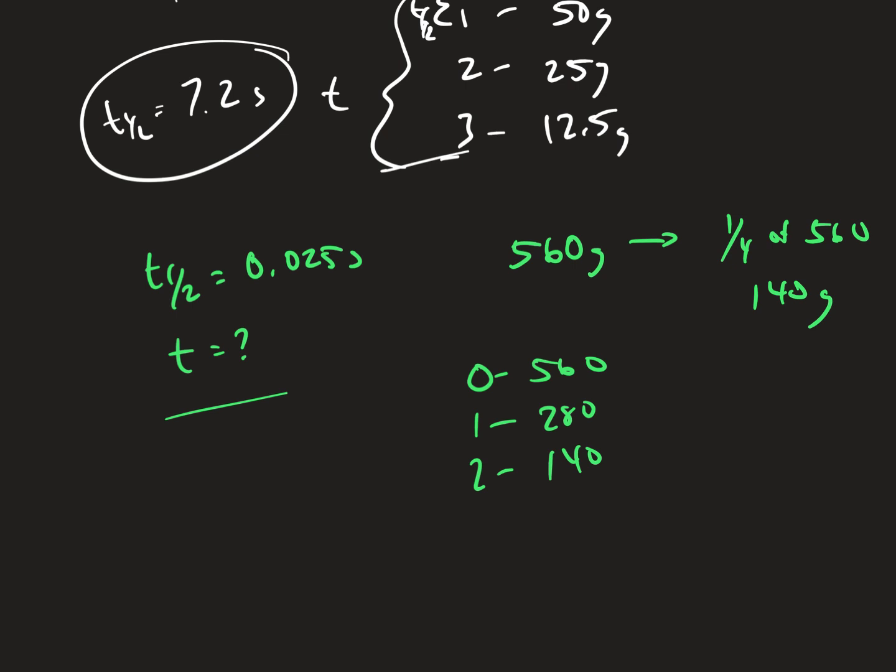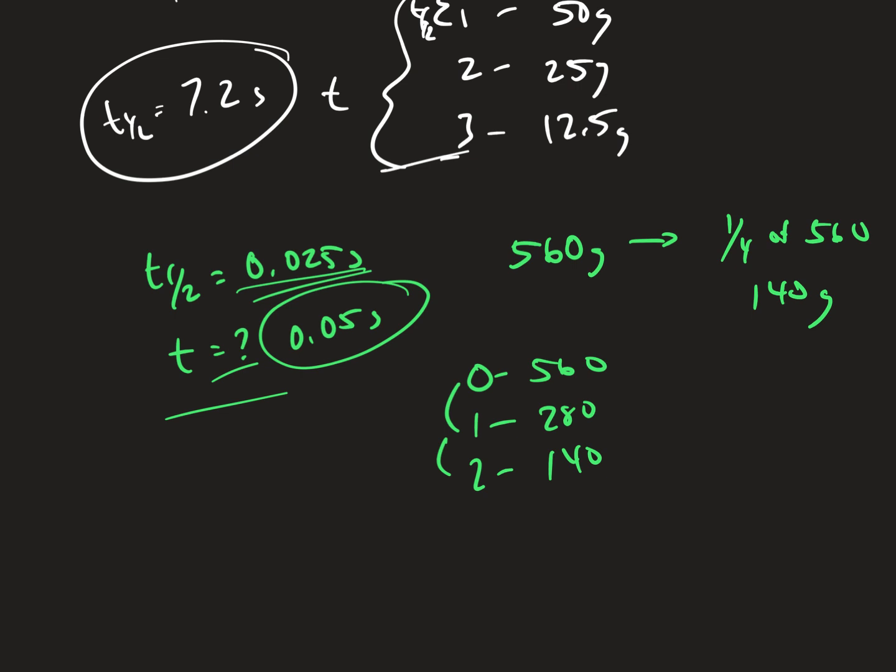Okay. So how do you find the total time then? This time we know that time. We're going to do it twice, so we just multiply that by 2 and we get 0.05 seconds. Good? No? What's your question?